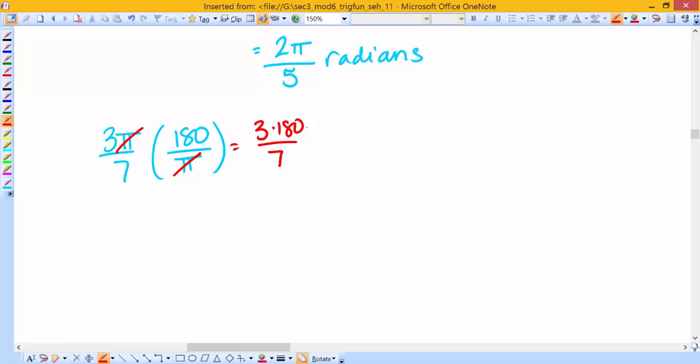Nothing is going to simplify. I would want to try right now to see if I can simplify before I multiply. 7 does not go into 3, and 7 does not go into 180. So I'm going to do 3 times 180, and I get 540 over 7. And I'm going to divide, which gives me 77.14 degrees.